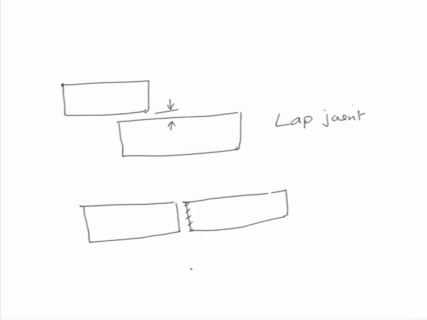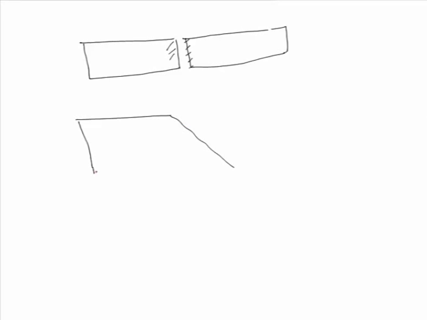And one more method which is used in this case: this area, the length and width of the faying surfaces, will be determining the strength of the joint. So, in order to increase the strength of the joint, sometimes slanting of the faying surfaces is done, as compared to simple square edges.